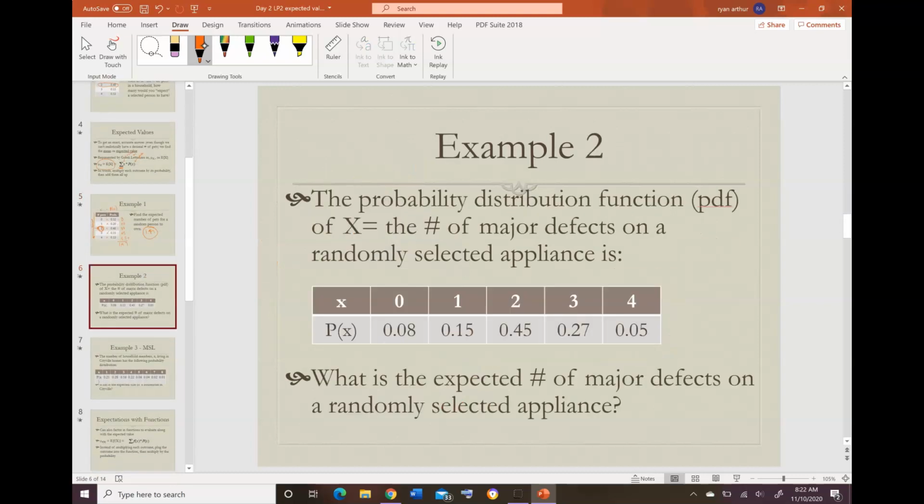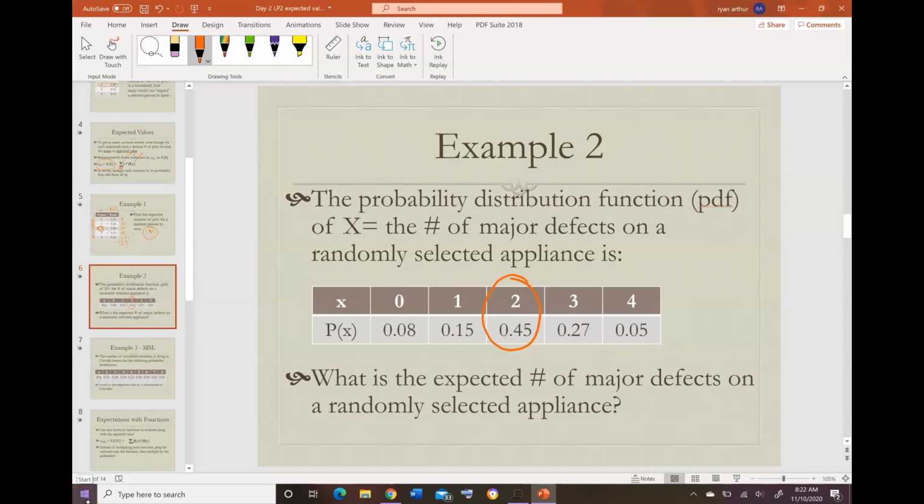All right. So it says the probability distribution function of x, the number of major defects on a randomly selected appliance, is as follows, okay? It's looking like I'm expecting about 2 defects on a randomly selected appliance. But let's do the expected value real fast.